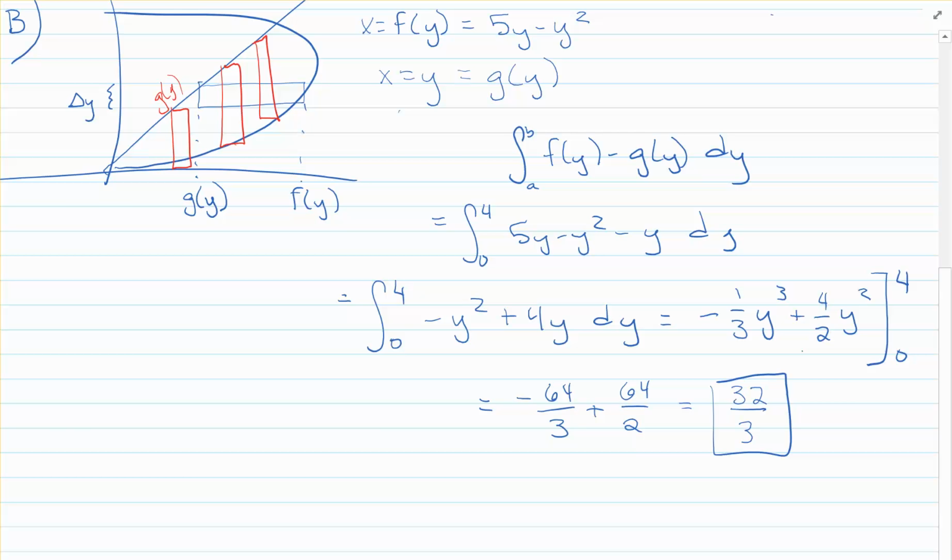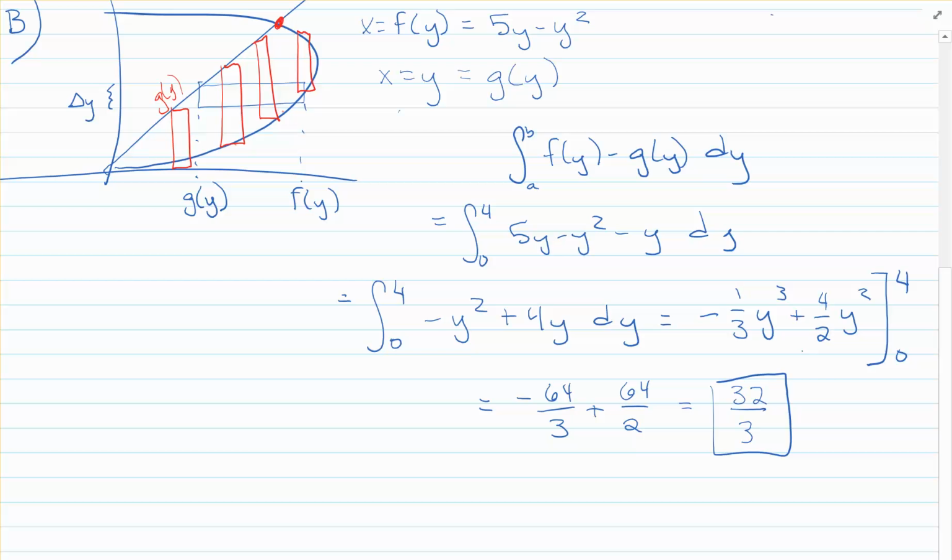But notice when you get over here, you've got rectangles that have the same function bounding their top and their bottom. So in the integral over here, you're really subtracting one function from itself, and that's not going to work without some clever tricks.